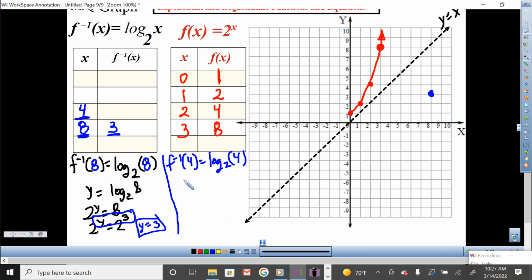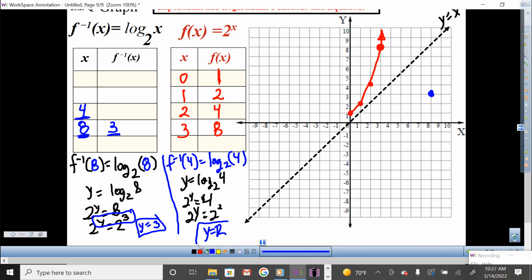All right, continue, Nicholas. What do I write? y equals log 2 of 4. And then? 2 to the y equals 4. And then? 2 to the y equals 2 squared. So that means that y equals 2. And it goes right there.